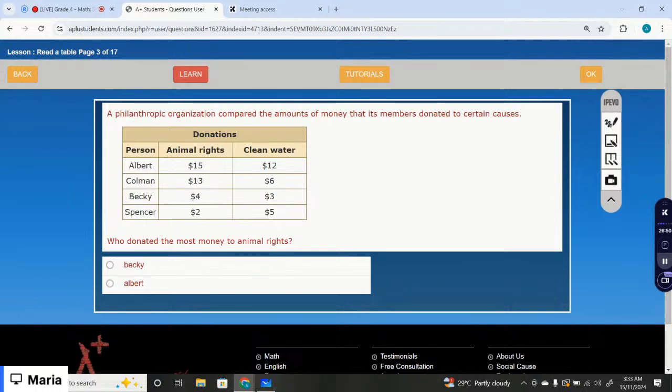A philanthropic organization compared the amounts of money that its members donated to certain causes. Who donated the most money to animal rights?